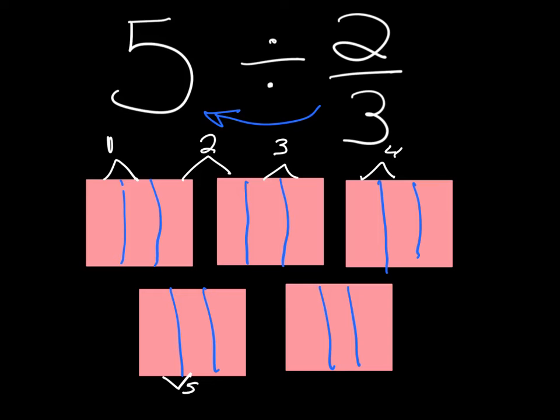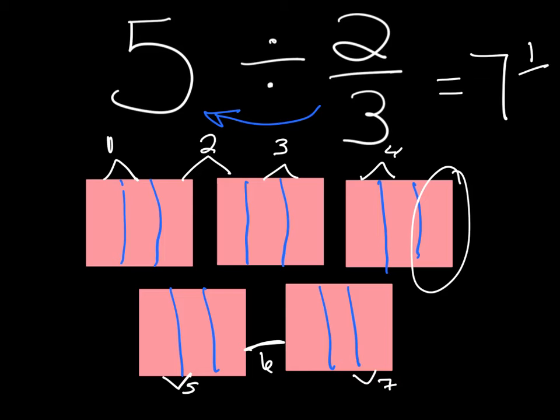Then I have 5, then these 2 are going to go together and make 6, and these 2 are 7. But if you notice, I left this one off. So right now I have 7 wholes, but I have 1/3. How many thirds do I need? I need 2/3. So I actually have half of what I need, because I need 1 more of these to make the 2/3.